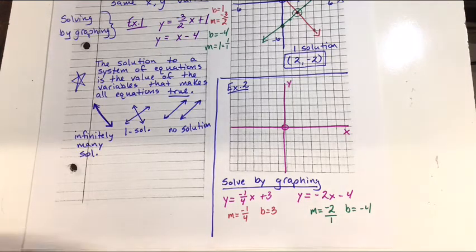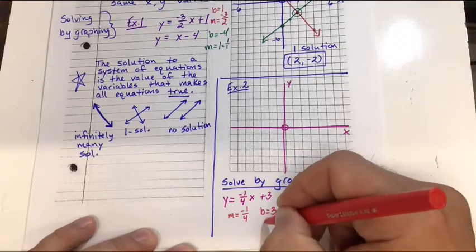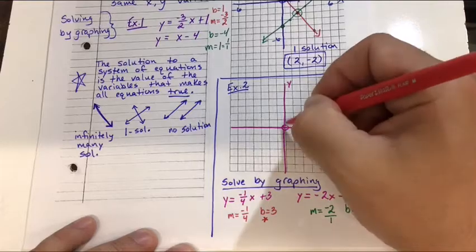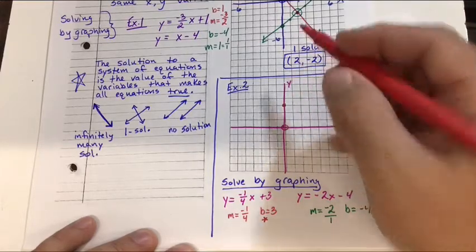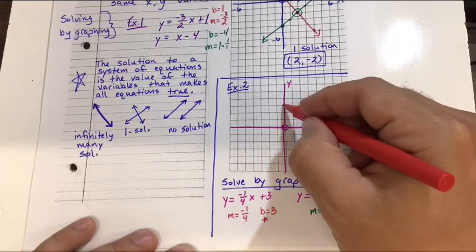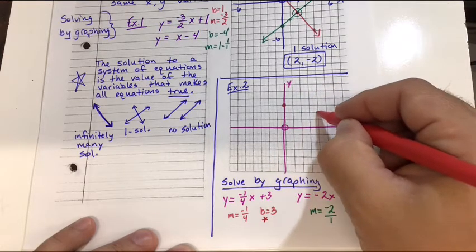So we're going to graph these first. I'm going to use red for this first line. I'm going to start with my y-intercept. I'm going to put a y-intercept of +3, and then I'll use this slope, rise over run, to find another point. So I'm going to rise -1, so I'll actually count down 1, and to the right 4.